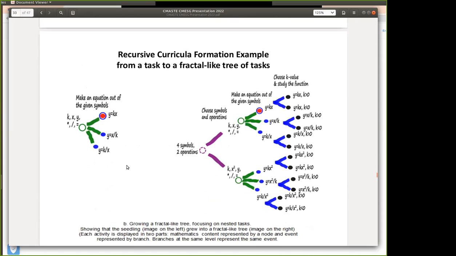So instead of just generating ideas, you can also generate self-similar tasks. One way to do that is like what I did in the previous image. After I generated those three equations, I can think about, is there any task that can bring forth those three equations?